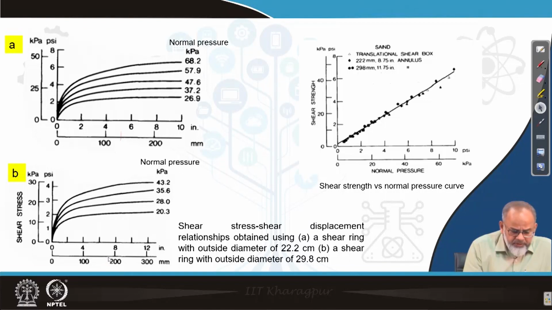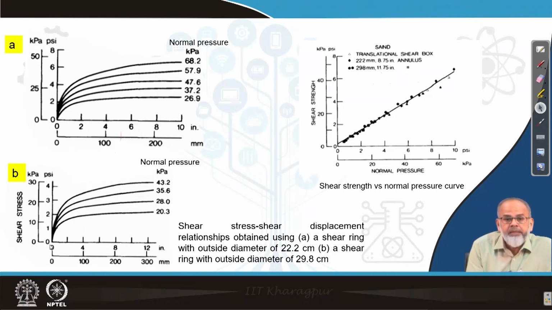Now, when we carry out the same test with a different shear annulus apparatus, where the outside diameter has been increased to 29.8 centimeter, and the normal pressure is varied from 20.3 kilopascal to 43.2 kilopascal, we see the same nature of curve.